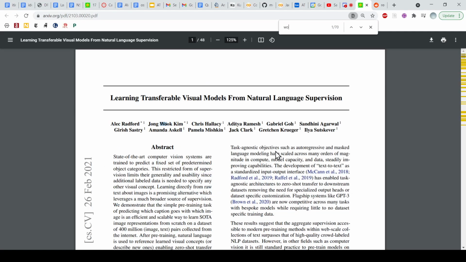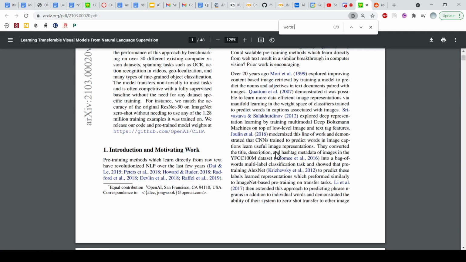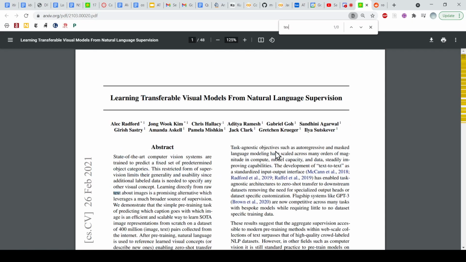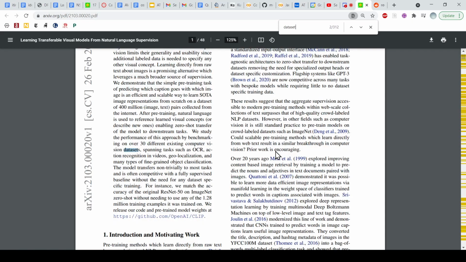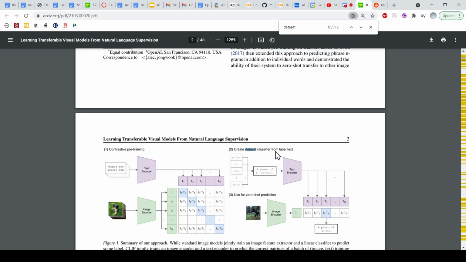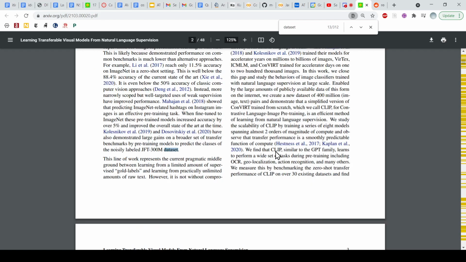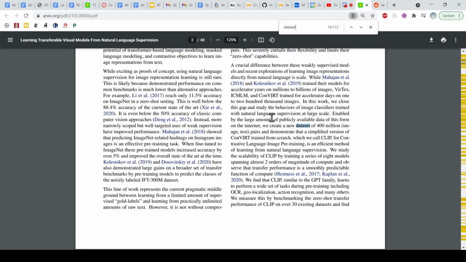It's like words and text? Or text and words? I'm just gonna look for a data set. Control F is one of the most important. Oh, here we go. I think it's somewhere around here.